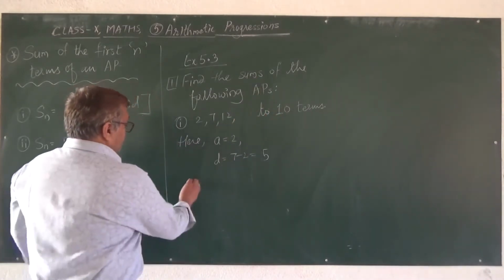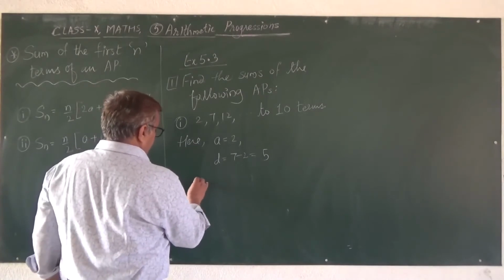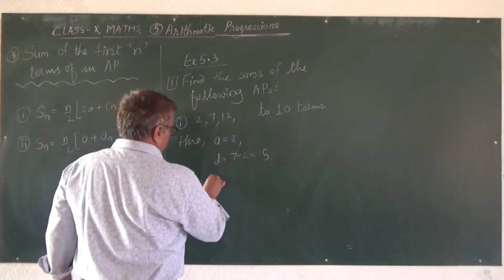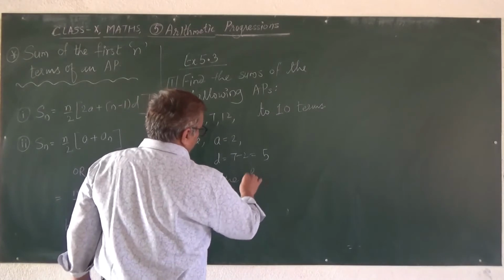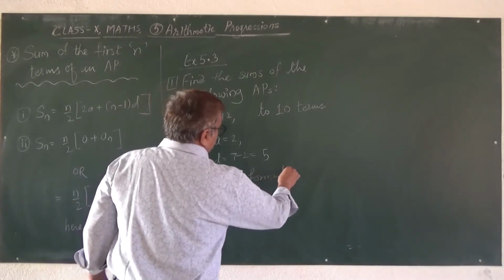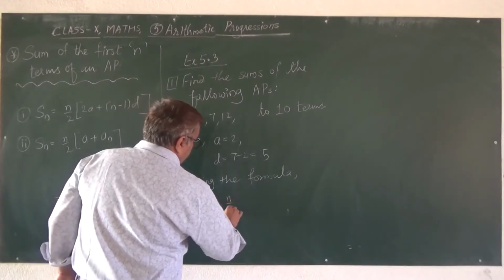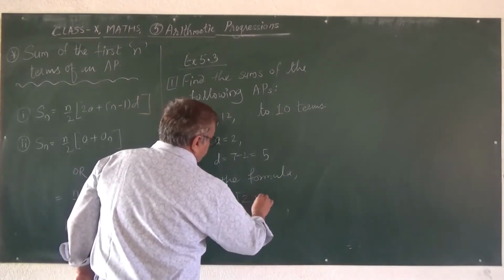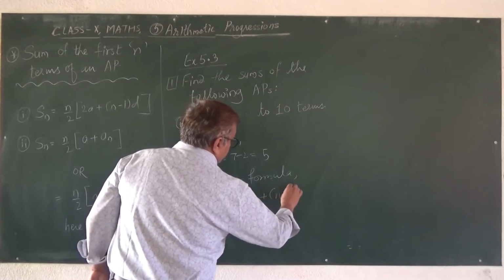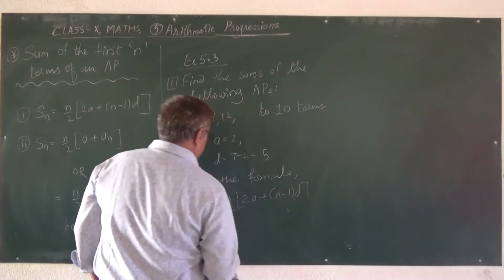So now you can use the formula Sn is equal to n by 2 into 2a plus n minus 1 into d.